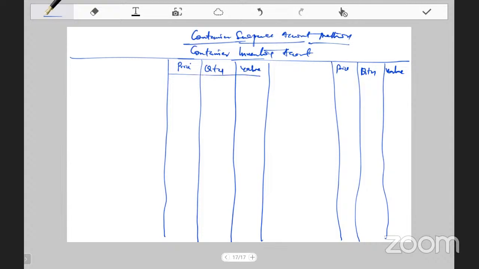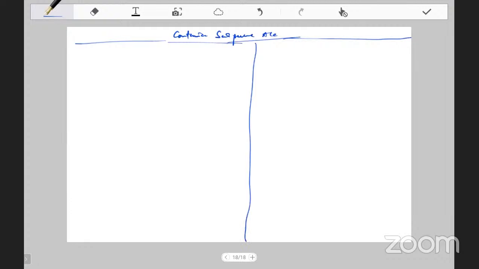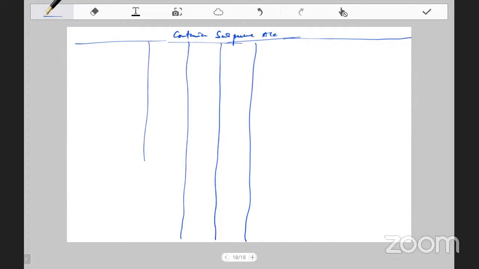So we have the container inventory account. Now in this case, we are using the suspense method. So we are now going to have what we call the container suspense account. Once you know these two methods, the third method is everything, because the third method is the fusion of the two.